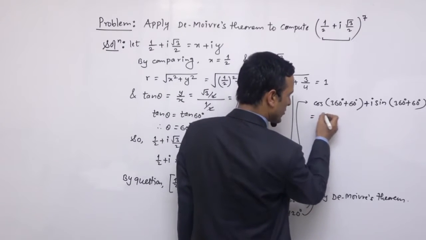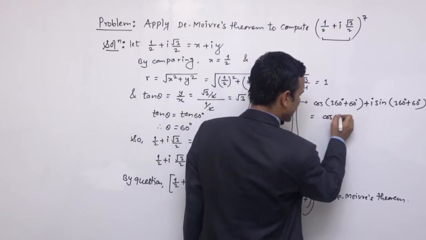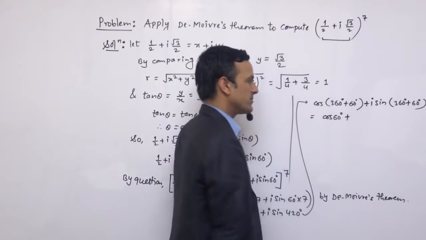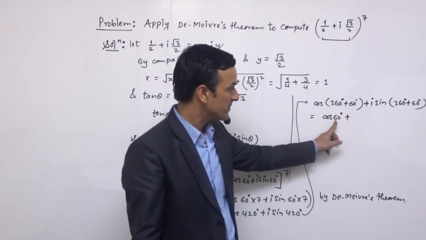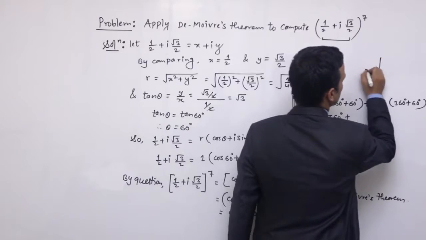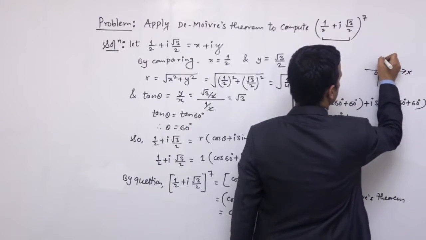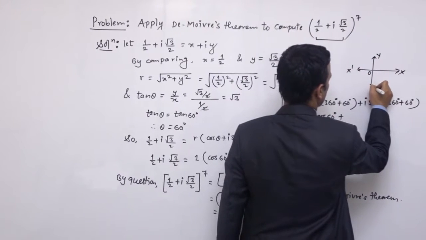If you find out the value, then this will be cos 60 plus 360 plus theta means it is positive. It is first quadrant, it lies in first quadrant. This is x, this is y, this is x dash, this is y dash.